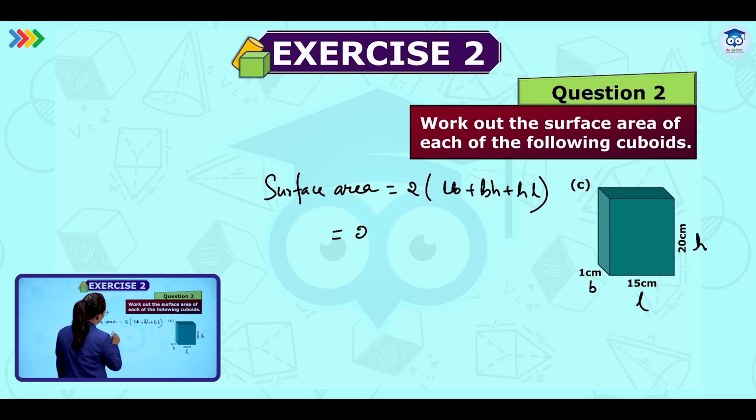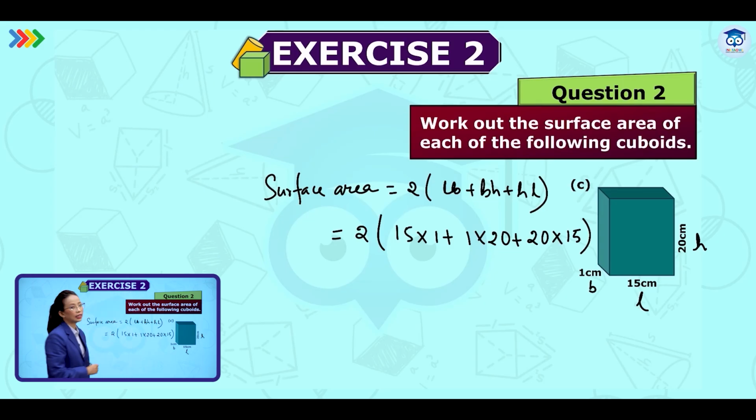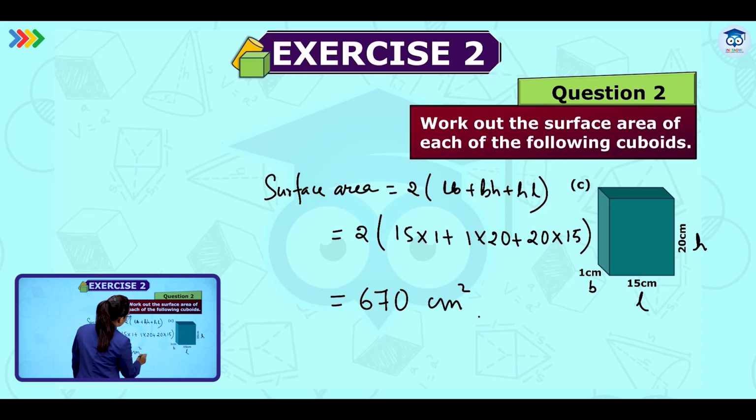So this value is equal to 2 times of 15 into 1 plus 1 into 20 and 20 into 15. So after calculating this, we will have the value 670. Now the unit is centimeter square.